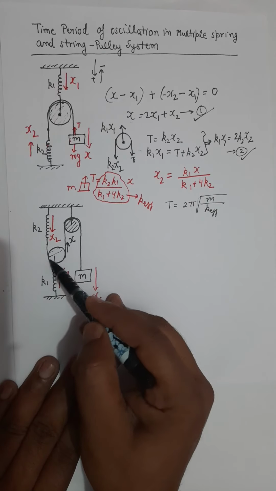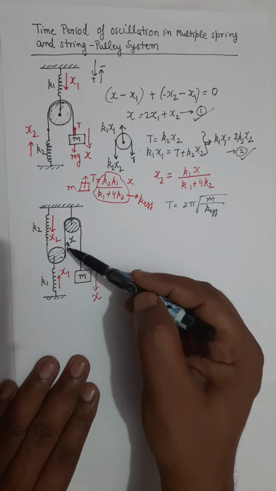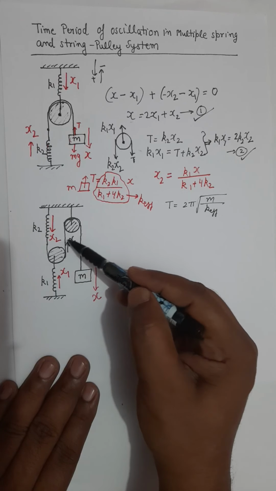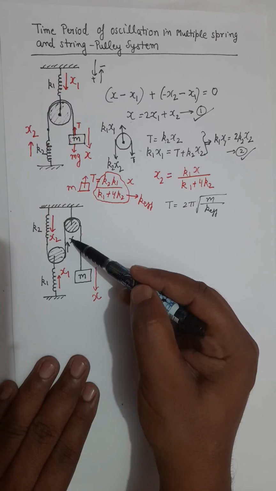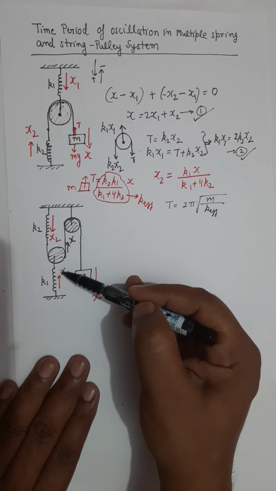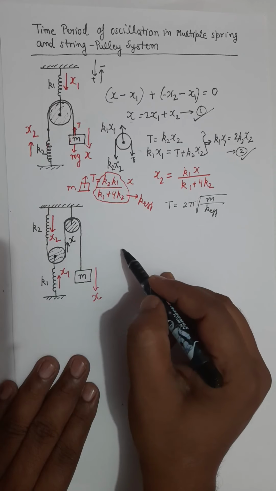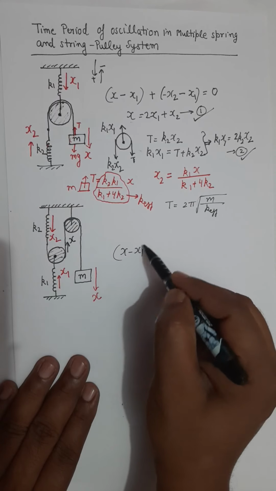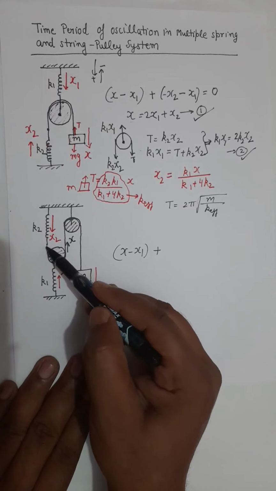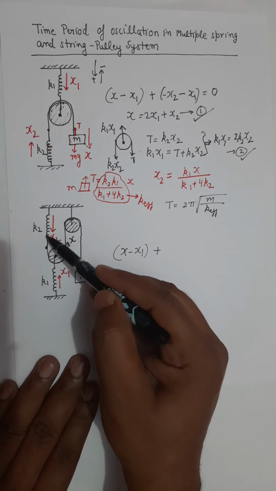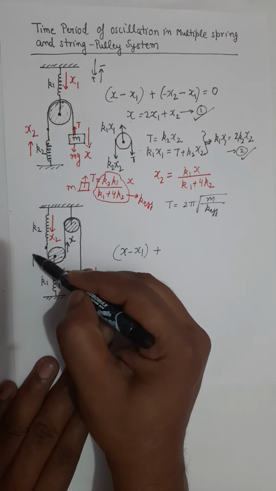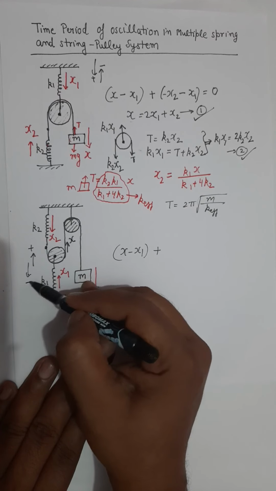Coming to this pulley, the string on the right hand side is having a displacement x in the upward direction, which if I consider relative to this pulley, then I get x minus x1. A string on the other side of the pulley is moving downward. Let's say upward direction is positive and downward direction is negative.